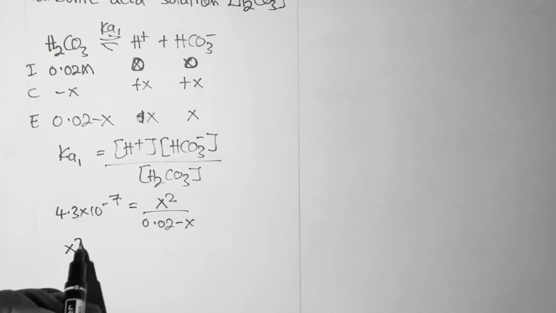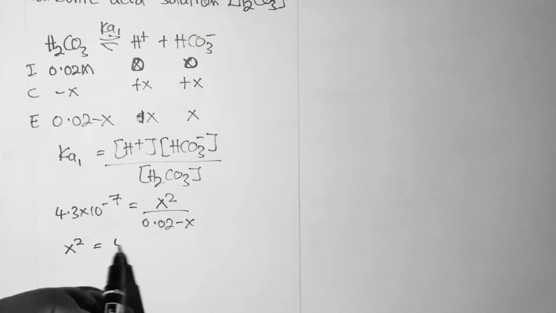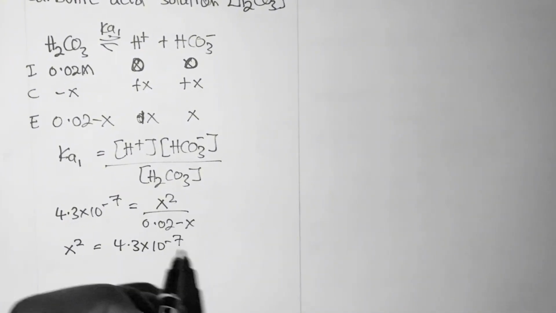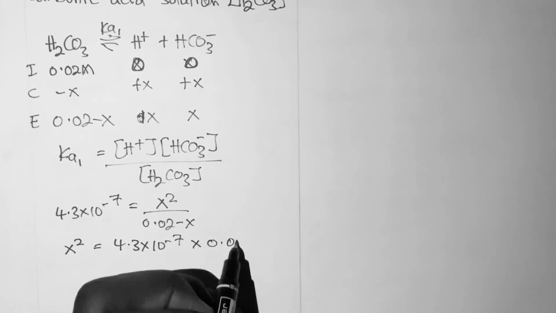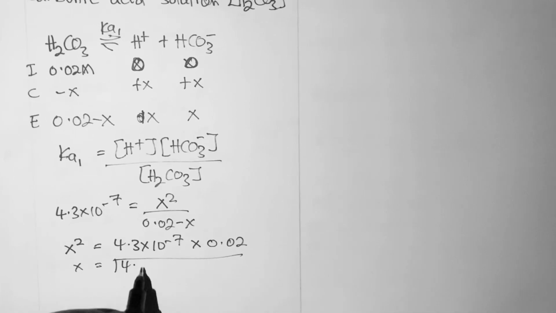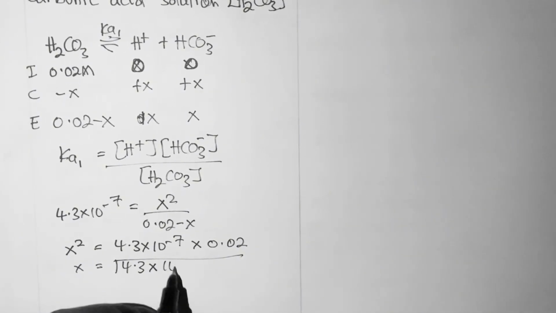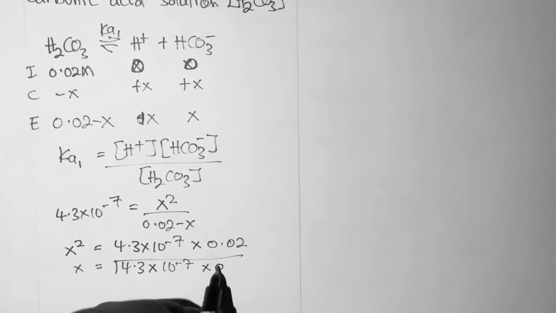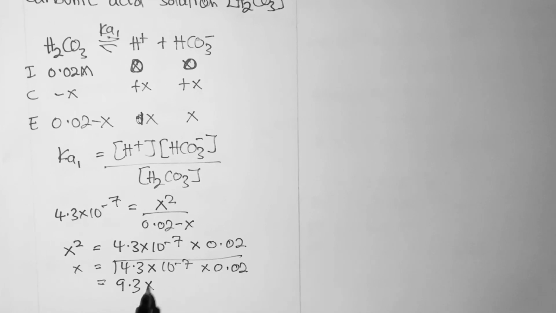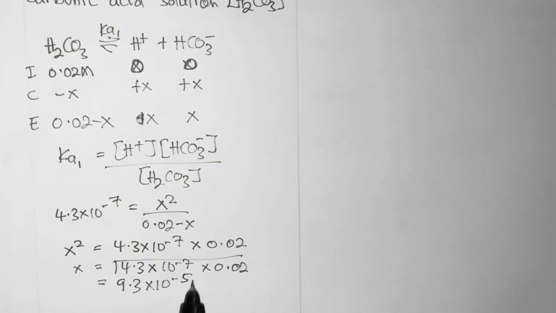x squared is equal to 4.3 times 10 exponent minus 7 times 0.02. So x is equal to the square root of 4.3 times 10 exponent minus 7 times 0.02. If you do all of this, you are going to get 9.3 times 10 exponent minus 5 molar.